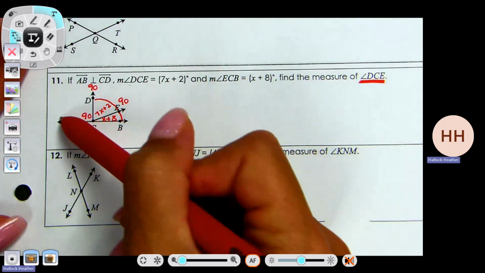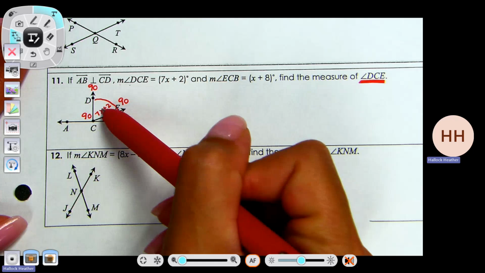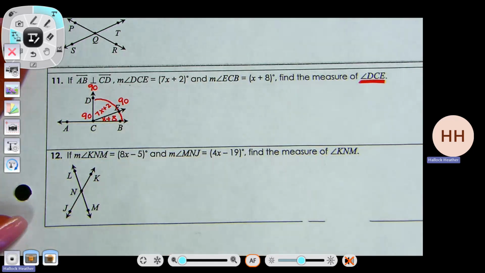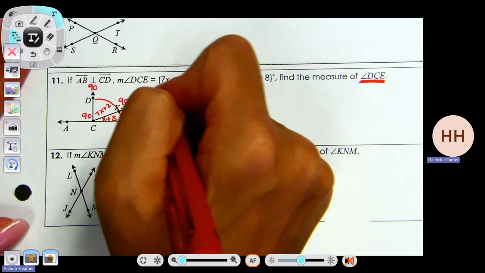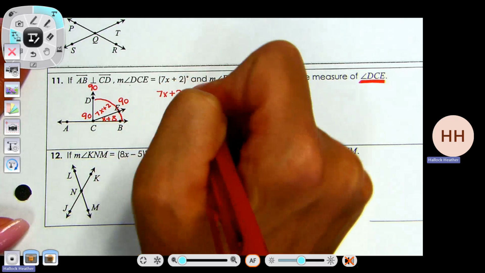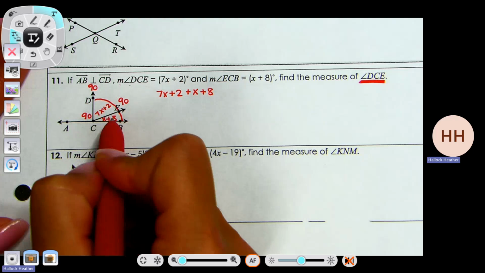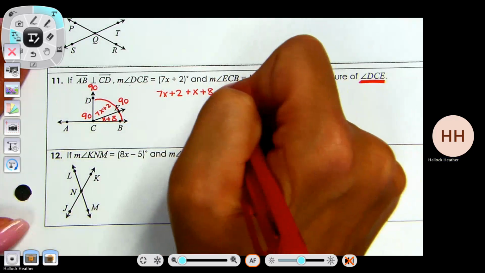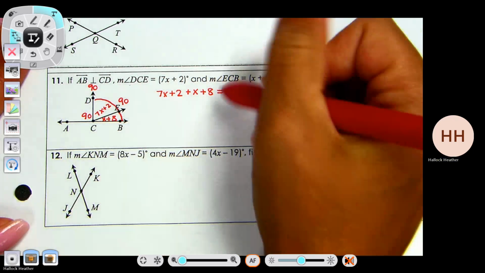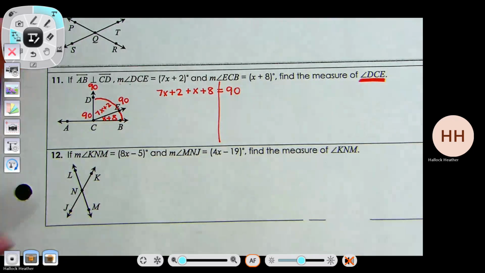You could add everything together. You could do 90 plus this, and then it would have to equal 180 because it's a straight line. The easier way would just be to use 90, but either way, you would get the same exact answer. So we're gonna add the little pieces and set it equal to 90. So combine my terms.